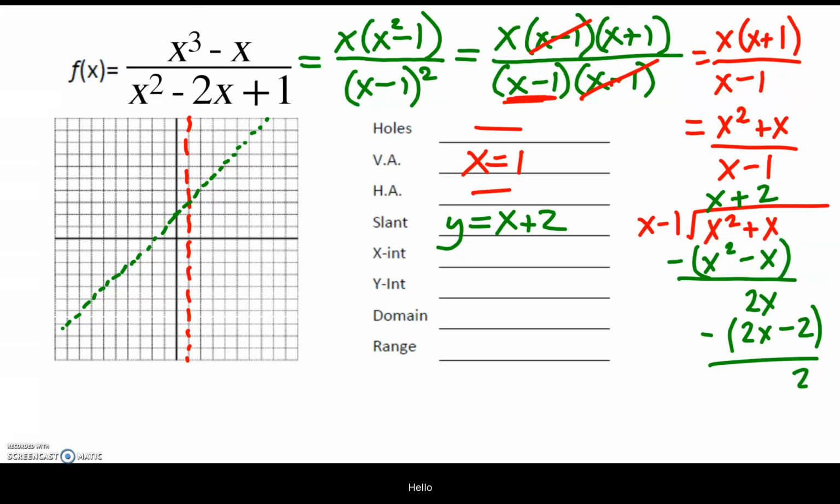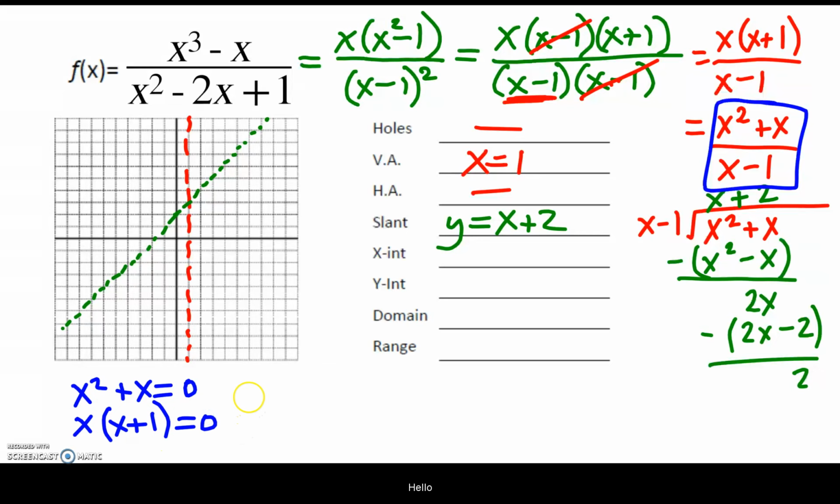All right, so next I can find the x-intercepts. To find the x-intercepts, you just want to set your y value equal to 0, or in other words, you want to set your numerator equal to 0. So here, if I have x squared plus x equals 0, and I solve, that's x times x plus 1 equals 0. Therefore, x would be 0 and negative 1.